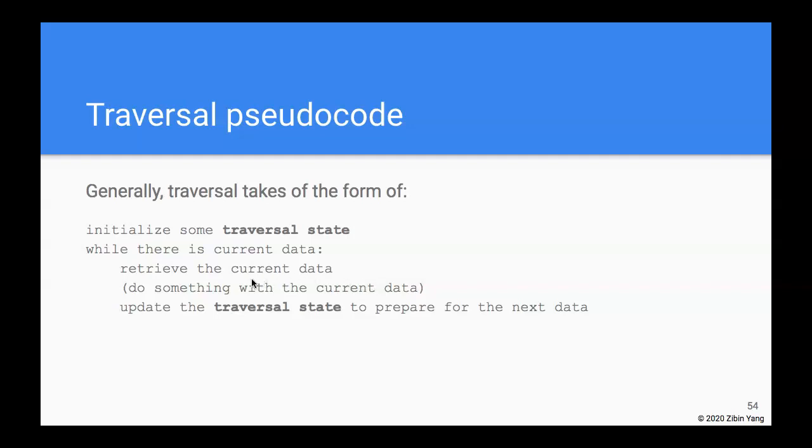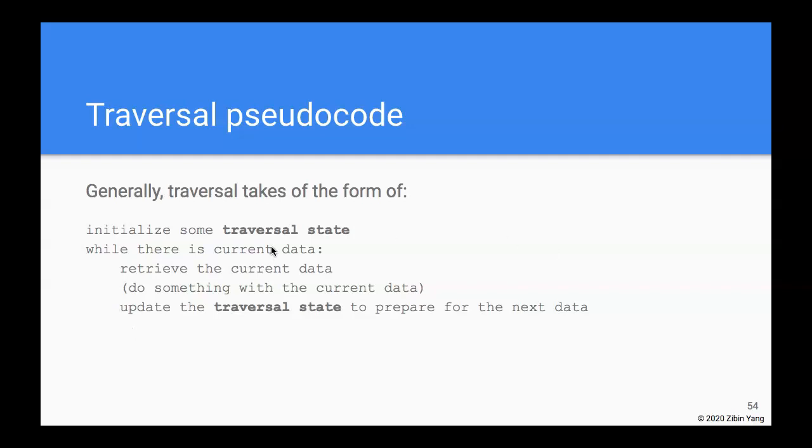After it's done, it will update the traversal state so that it'll prepare to return the next piece of data. Then it'll go back to the beginning of the loop and check: is there still data? If there is, it will repeat this process over and over until there is no more data. So that's, from the client's perspective, how a traversal should work.